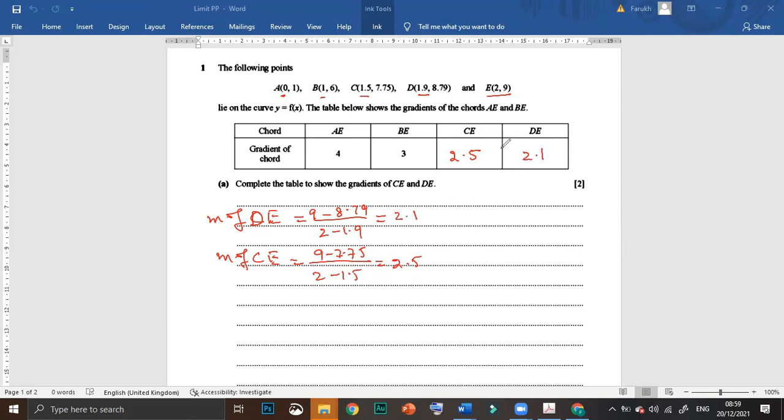Now the gradient of AE is 4, BE is 3, CE is 2.5, and DE is 2.1, as we are moving closer to the point E. What can you predict about the gradient of the tangent line at E? It is 2. Is there any confusion? No, sir.